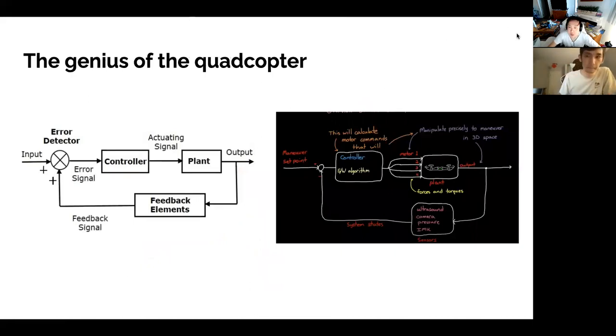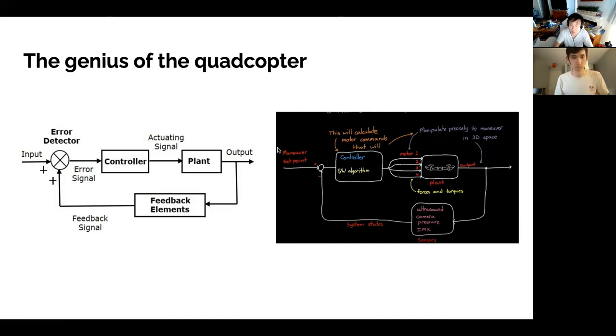And so this slide kind of relates the example feedback control loop, all the different parts, to what we're actually doing on our quadcopter. So we have your input in the image is a maneuver set point. So it's like what you want to do, like the goal value. And then the controller calculates what each motor needs to be done, and then assigns the appropriate duty cycle to all 4 of the motors.